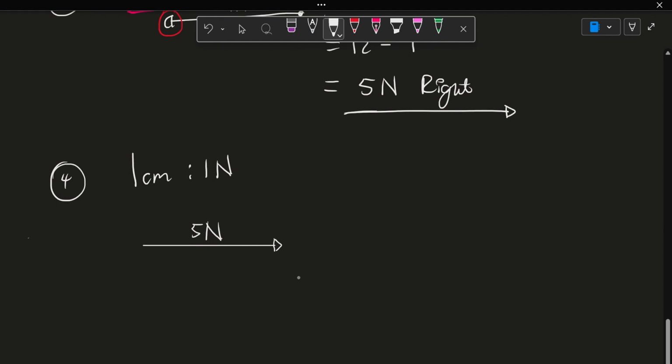So just from the head, and you would go that way, and that would be my 7, sorry, that's 7 Newtons. So just make sure that you use your ruler. Remember, 1 centimeter is equivalent to 1 Newton, right? So if I have 7 Newtons, that means on my ruler I had 7 centimeters.